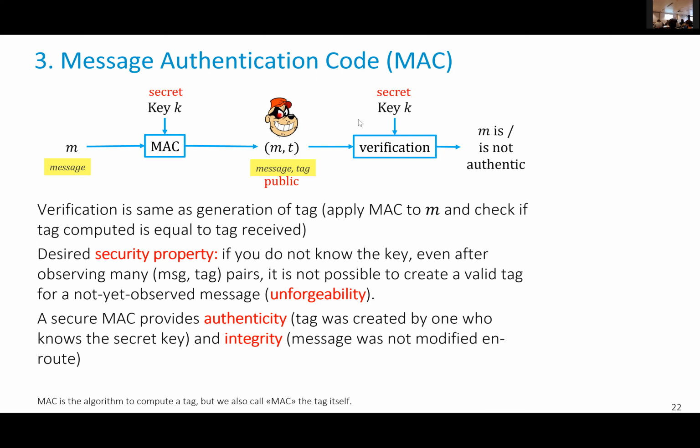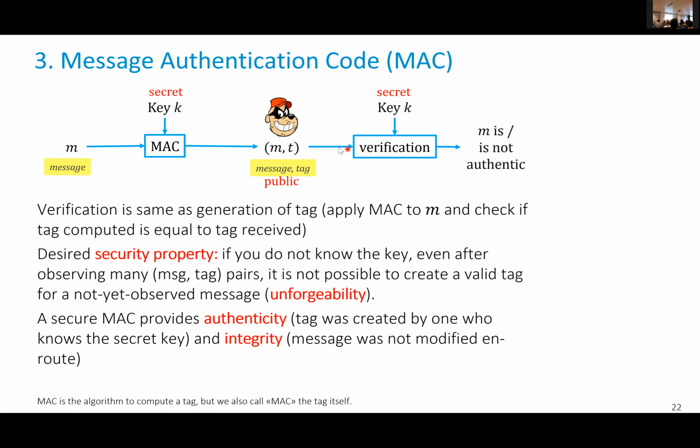How is it done? Well, if we use a symmetric system, like for cryptography, there is a secret key that must be known to the two communicating ends. When I have a message to send, I compute with the MAC what is called a tag that I add to the message here.